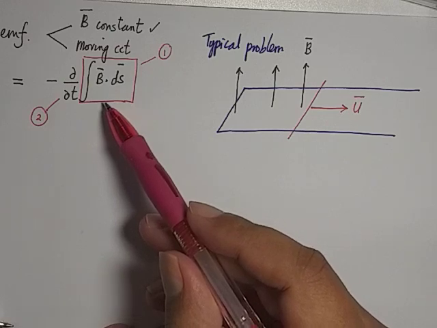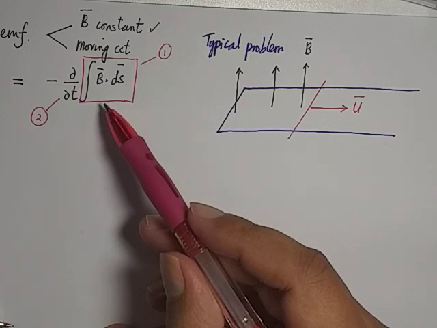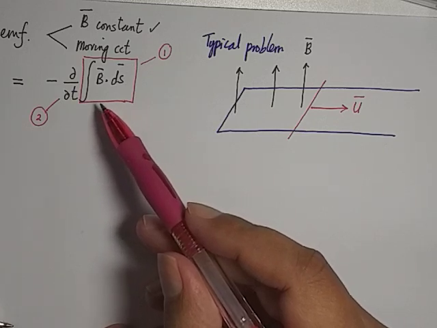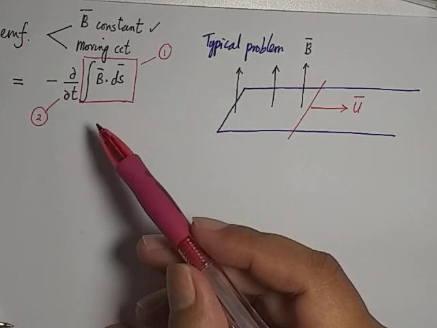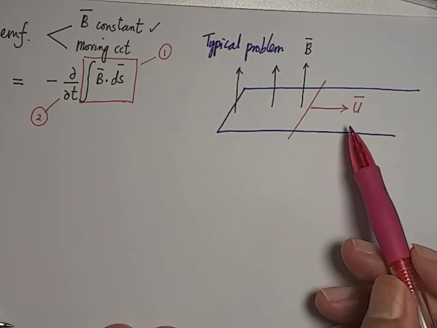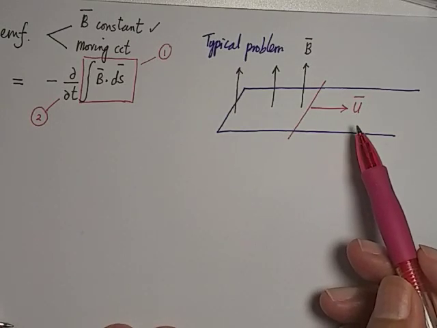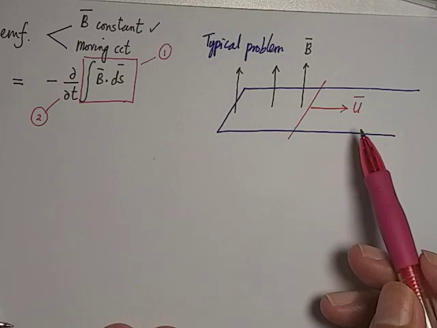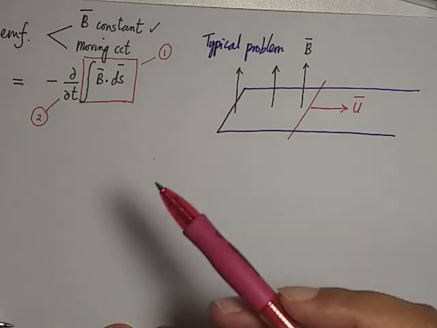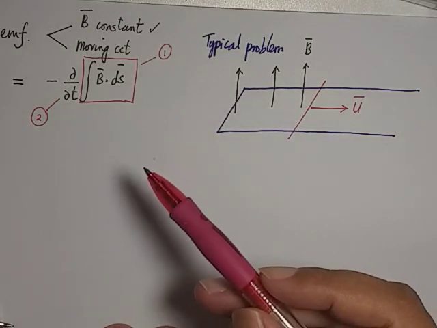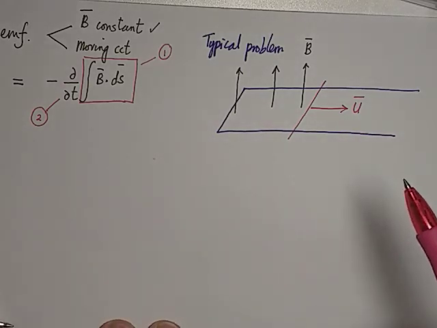So it's logical for us now to introduce another equation where we can solve for the motional EMF, and that equation contains the information of velocity u. That's our objective now, to introduce a second equation that we can use.